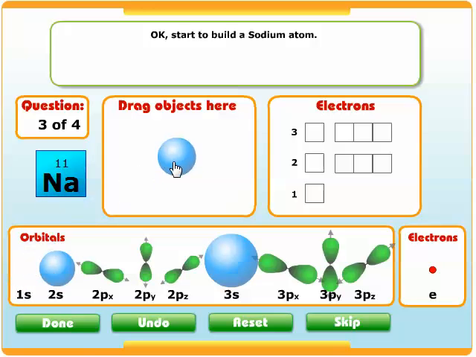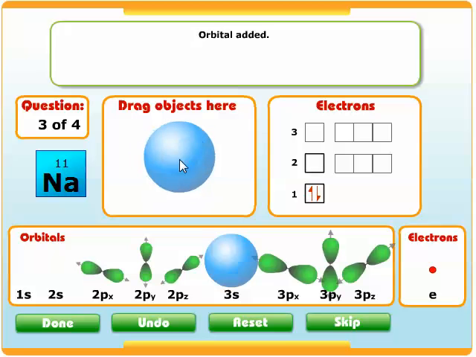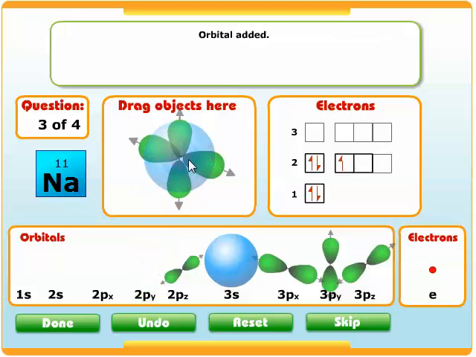Okay, this one's a little trickier because we've got 11. So I'm going to go ahead and start with 1s and put my 2 electrons in there. Then we have 2s. I'm going to add my 2 electrons again. So now I'm at 4 electrons. I'm going to add my orbitals one at a time, filling up 1 arrow at a time.